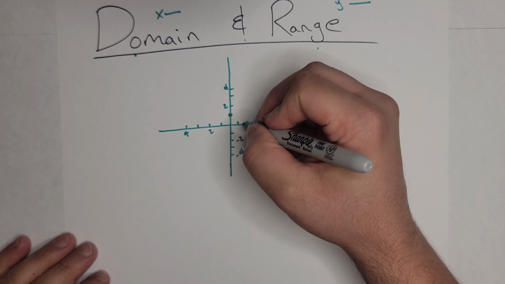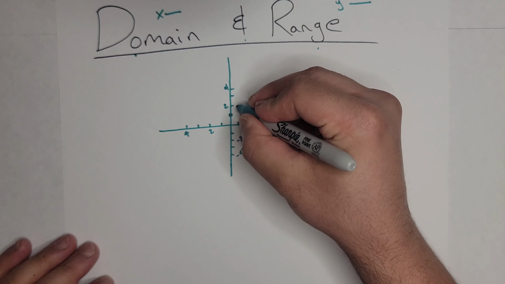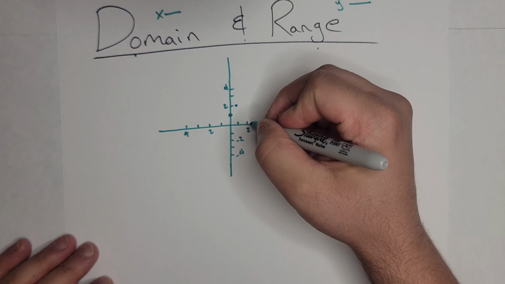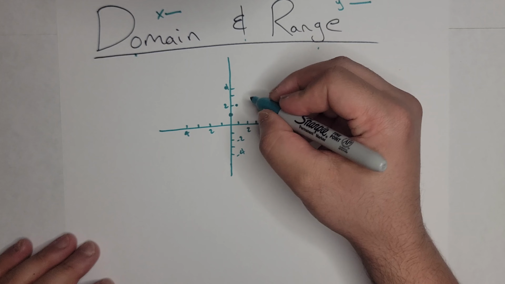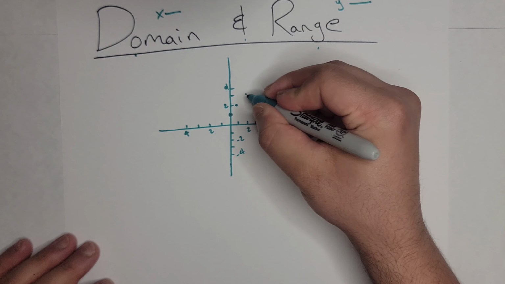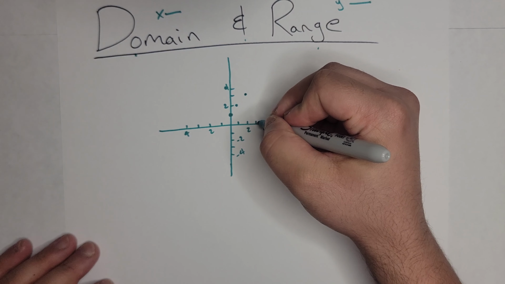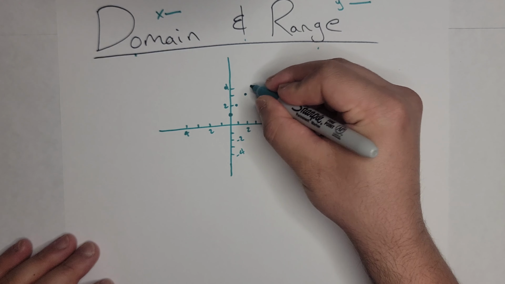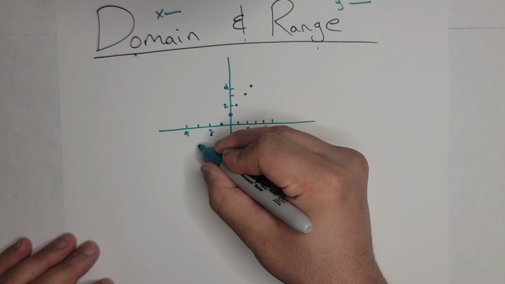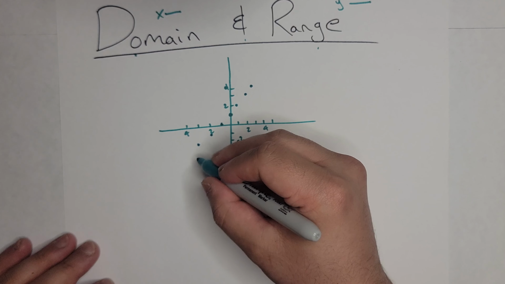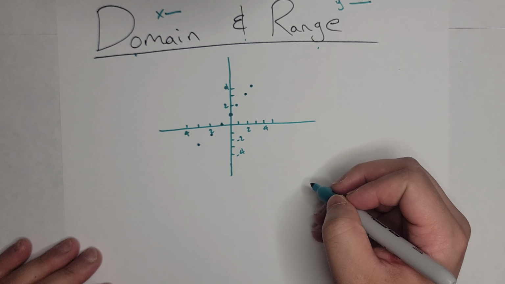Let's say we have at 1 we have 2, and then at 2 we have 3, and then at 3 we have 4, and so on. So let's say we have these points, right?